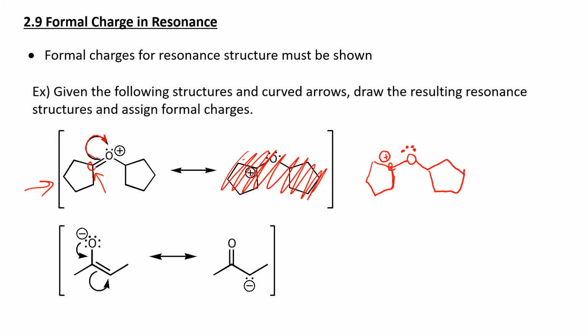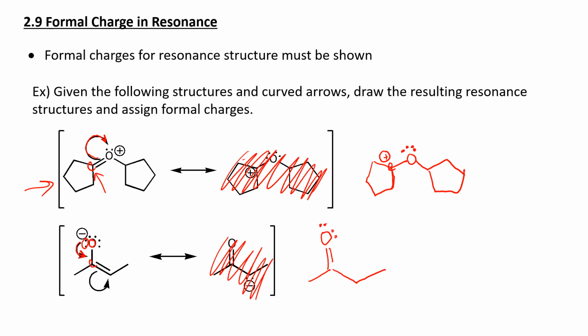In the next example, let's pretend like that's not there. We're showing that the lone pair of electrons is being moved from the carbon atom to form a bond in between the carbon and the oxygen atom. So let's draw what that first arrow is representing. Okay.